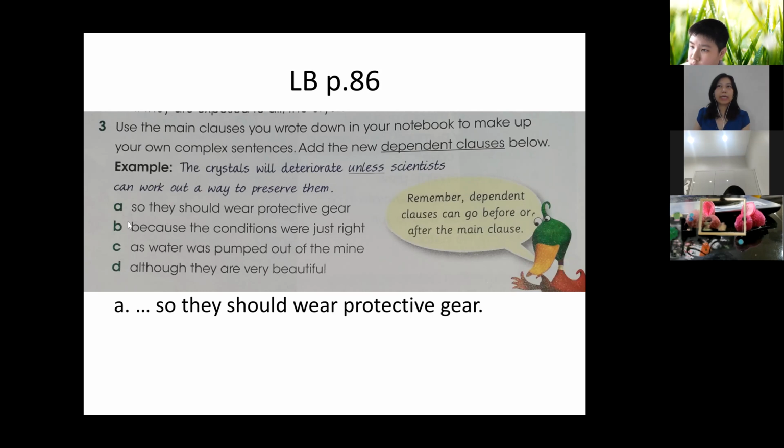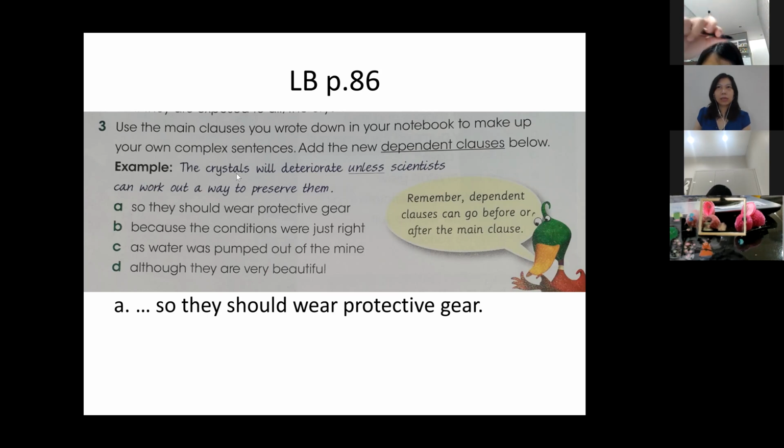Okay, what about B? Because the conditions were just right. Which main clause matches B? The crystals will deteriorate because the conditions were just right. You cannot use that anymore.